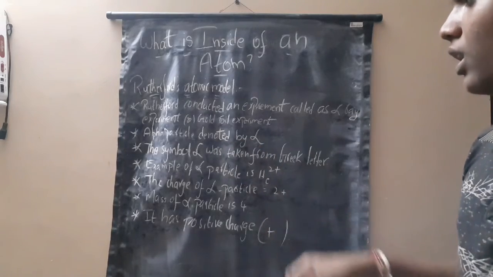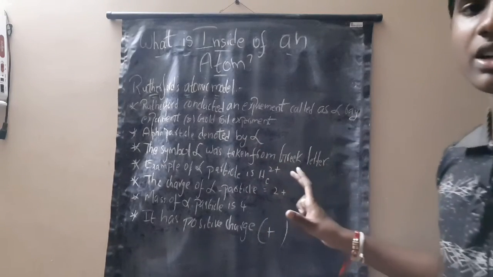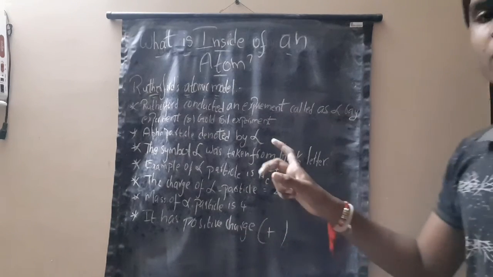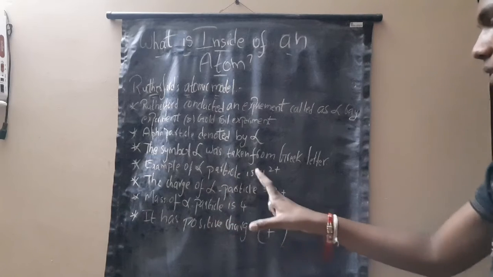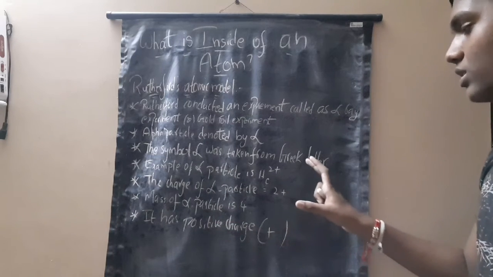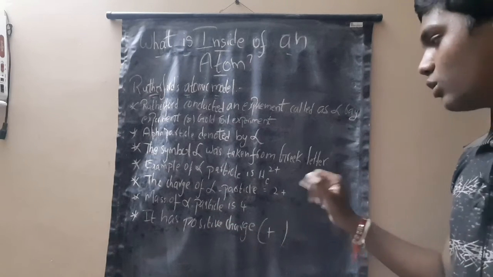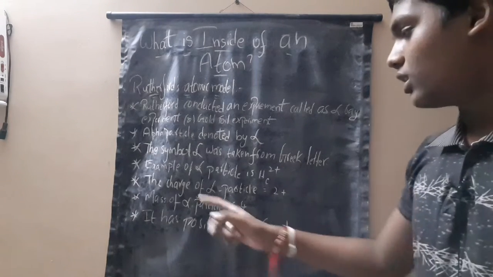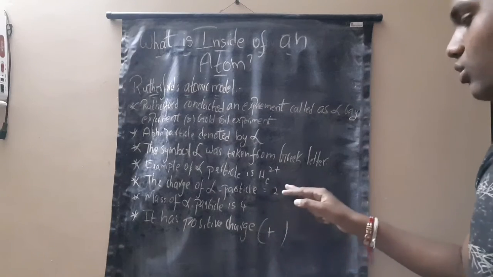The symbol alpha was taken from the Greek letter. An example of an alpha particle is He2+, helium 2 plus. By this we can understand that alpha particles are positively charged. The charge of an alpha particle is 2 plus.